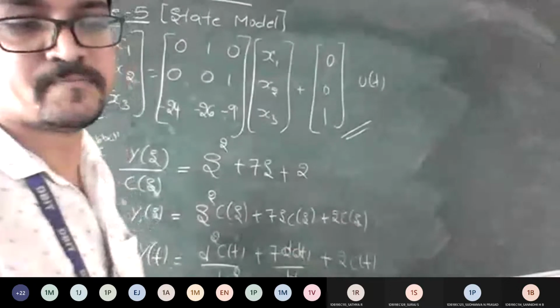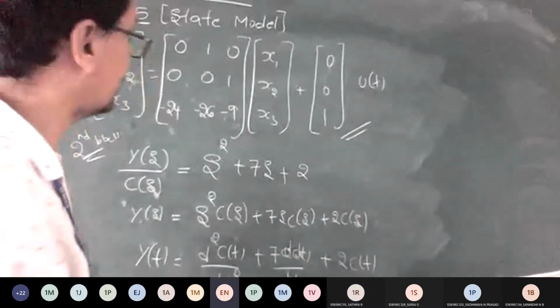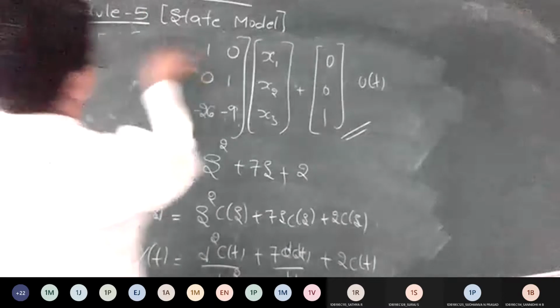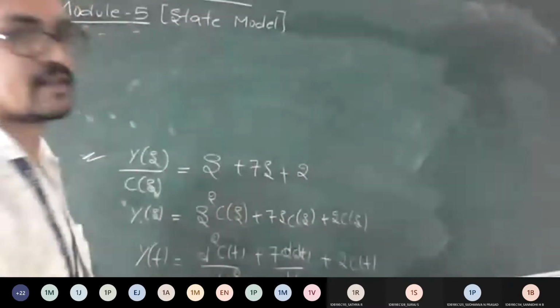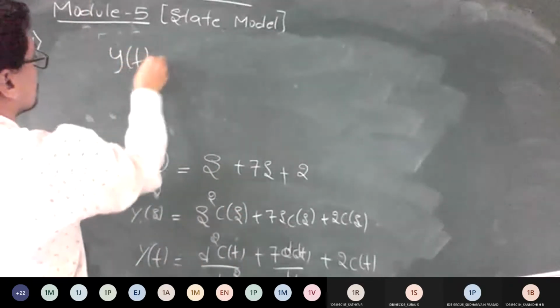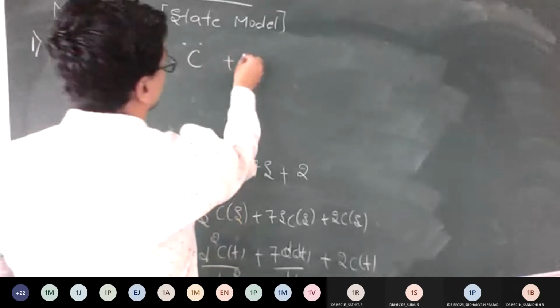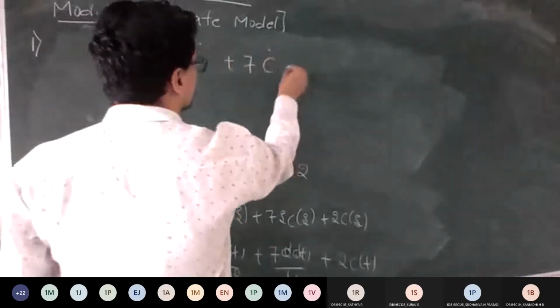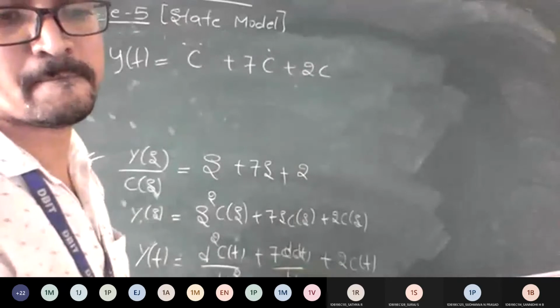Is it the equation? Everyone agree? Yes, sir. Now represent that in dot form. Y of t is equal to C double dot plus 7C dot plus 2C.